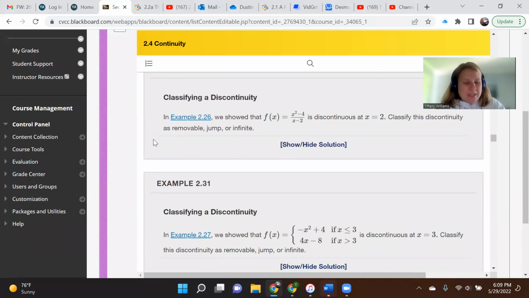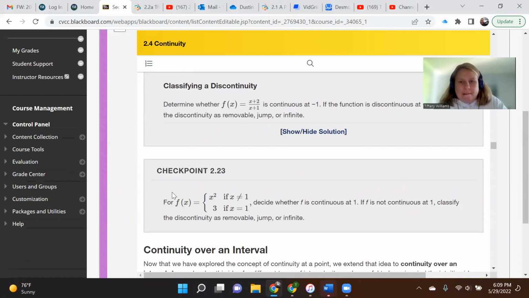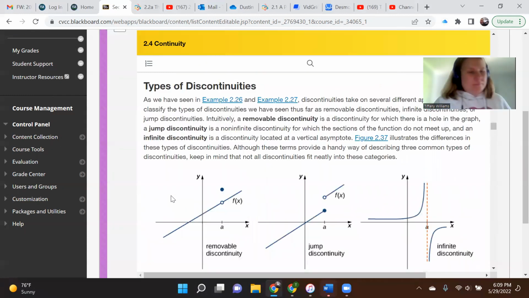Let's do a couple of examples here. Oh, is there one more box I need to see? Let me check here. Nope, I think we covered that.